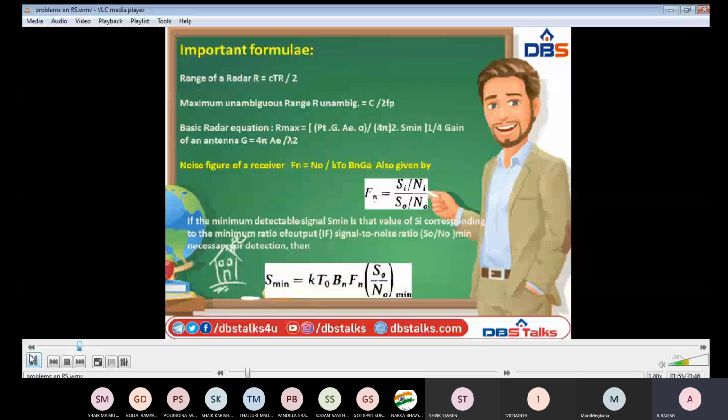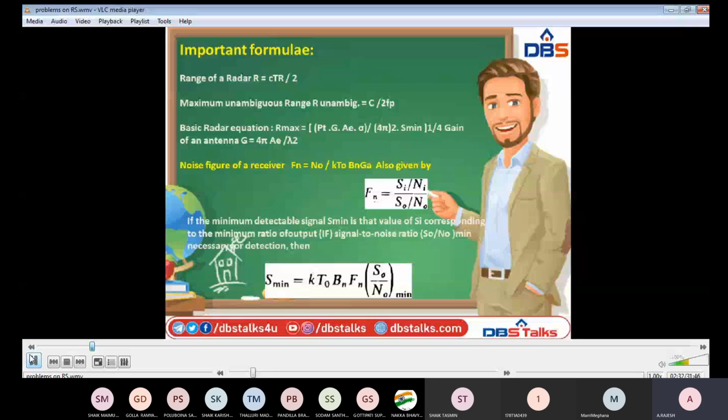If S min is the value of Si corresponding to the minimum output IF SNR, S0 by N0, then the minimum signal necessary for detection is S min equals K T naught into Bn into Fn into S0 by N0 minimum.